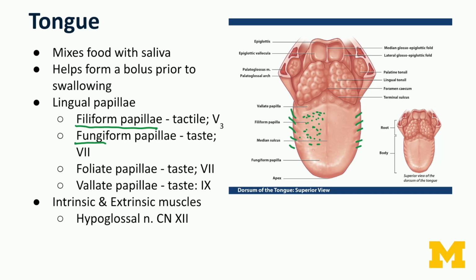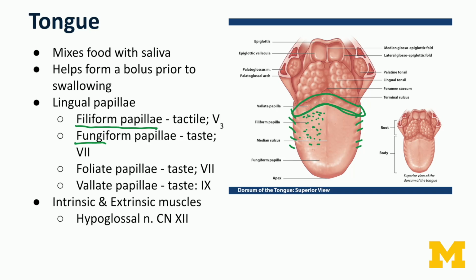Then we have vallate papillae. Vallate papillae are beyond the terminal sulcus, and we can see them here. Vallate papillae are very distinct, very large, and they are special sensory for taste, but they're controlled by the glossopharyngeal nerve, cranial nerve 9. Now, the tongue itself is a muscular organ.